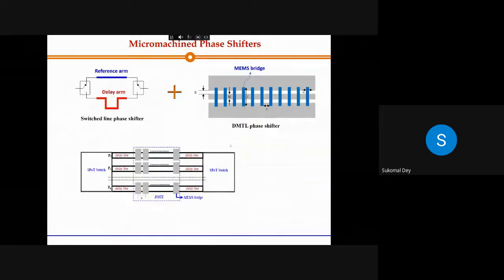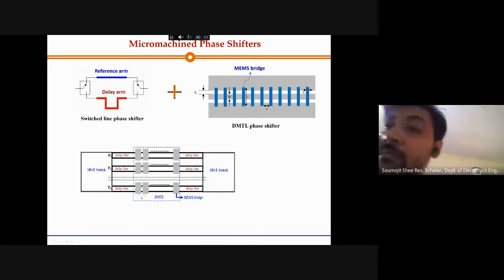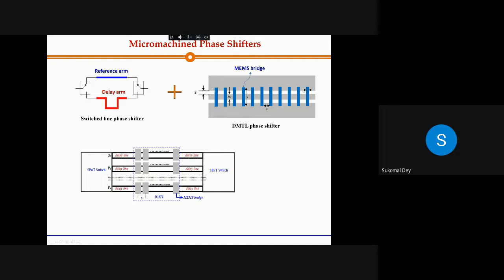Consider one stage where you don't have these varactors. You design the coplanar waveguide in such a way that the impedance is 75 ohm.